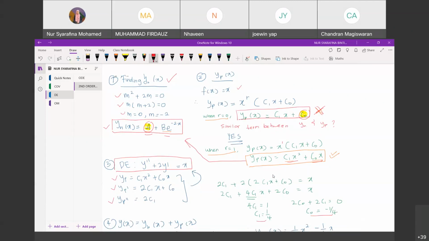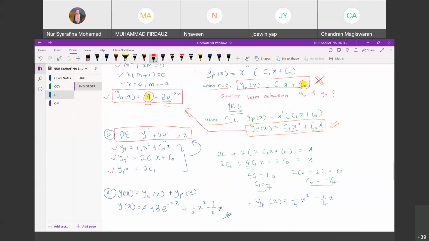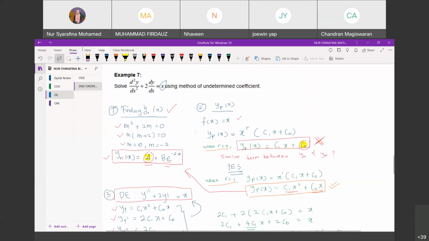Once you get the values, substitute again into your YP and combine YH and YP to get your final answer. Is that clear? This is how we do it. Let's try. You can try to find the solution on your own, and then you can compare.